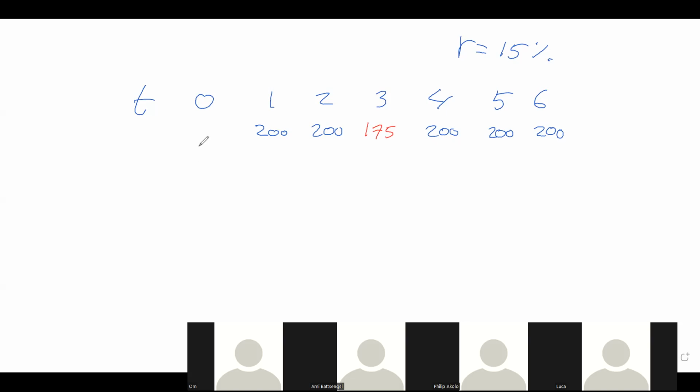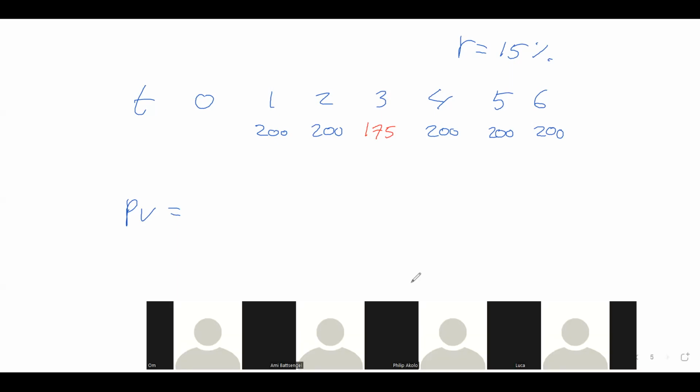So how would you calculate the present value here if you had to use the formula with the correction? What would you do if you had 200 euro each year? What would you then do?